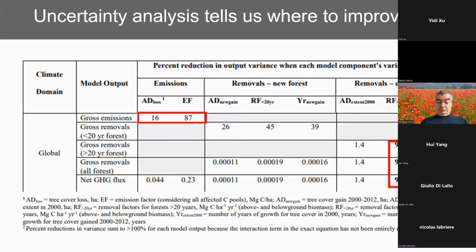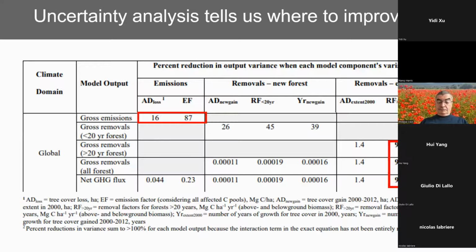And so when we do this, we can see which uncertainty terms are really driving the overall uncertainty of the final output maps. We have this broken down by climate domain in the paper too, but here I'm showing the global results. And you'll notice that for gross emissions, up in that left red box, the variance of the emission factor term is actually driving more of the uncertainty than the activity data term.